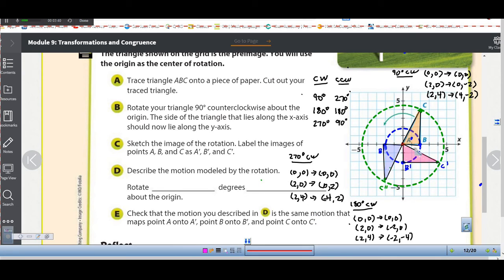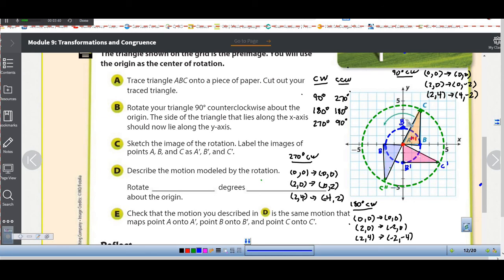So if I plot those points right there, that hasn't changed. It was A prime, then it was A double prime. Now it's a triple prime. All right, point B, B double prime is going to be at 0, 2. So it's going to travel one more time. See how B just traveled along each of the axes? That's really cool. So the easiest is when it's the center of rotation. The next easiest is when a point is actually on the axis.